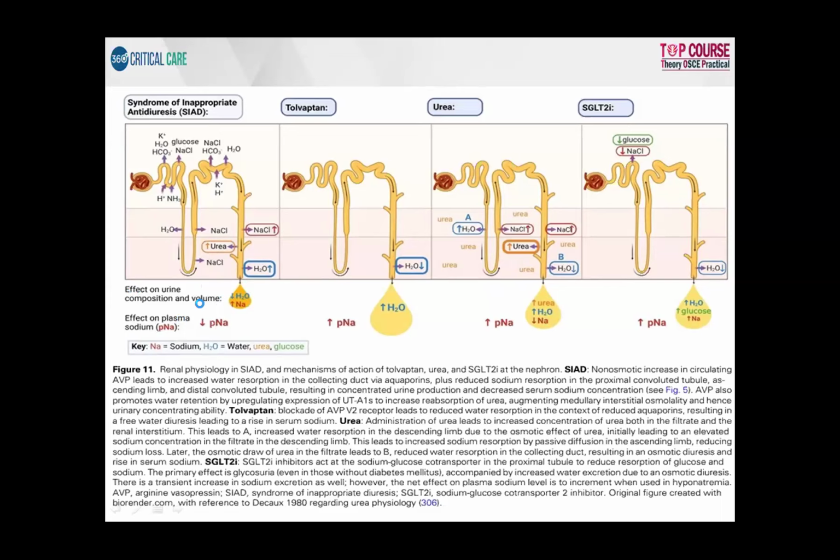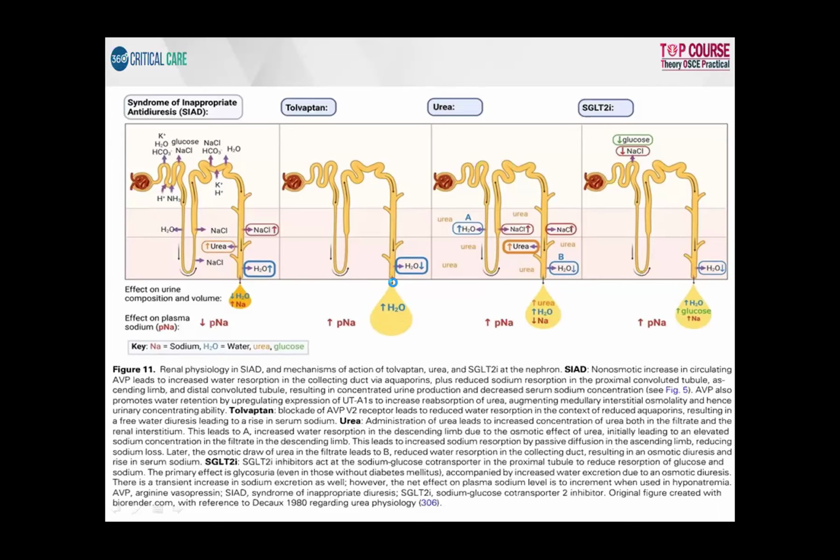So what does tolvaptan do? It is used as a treatment in case of SIADH. Tolvaptan is basically an arginine vasopressin V2 receptor blocker. So it blocks the AVP V2 receptors, leading to reduced water resorption, especially in the collecting duct, leading to increased free water diuresis.